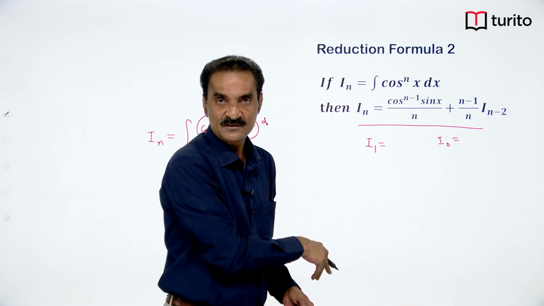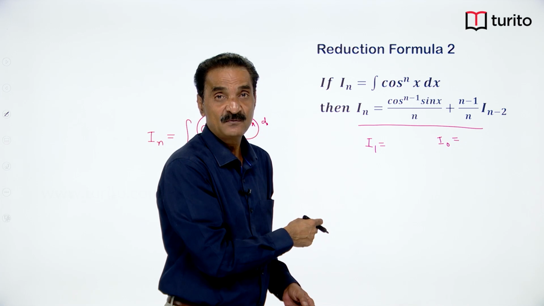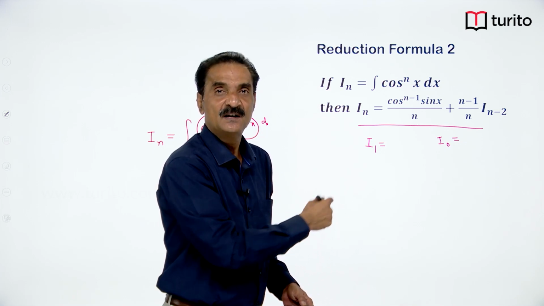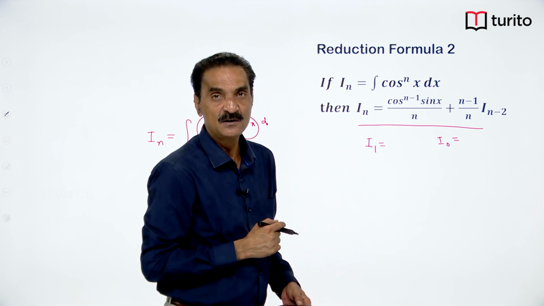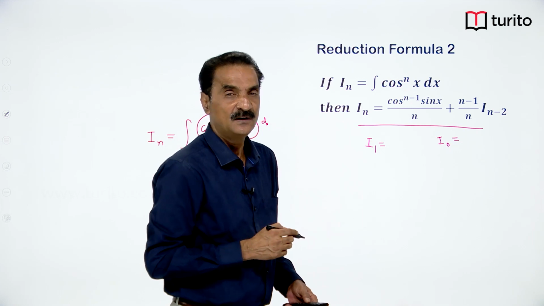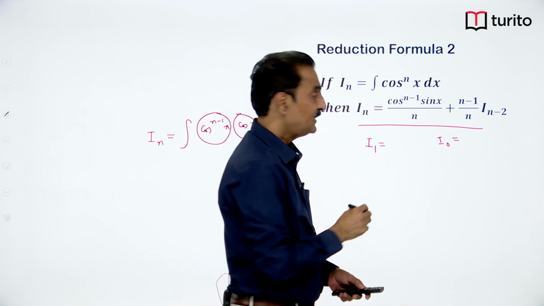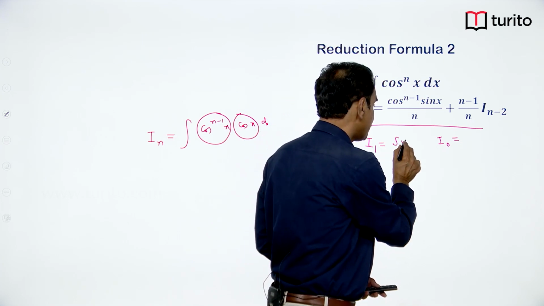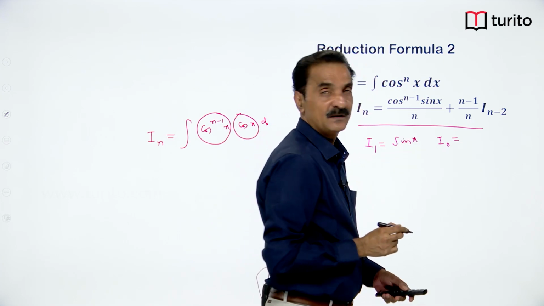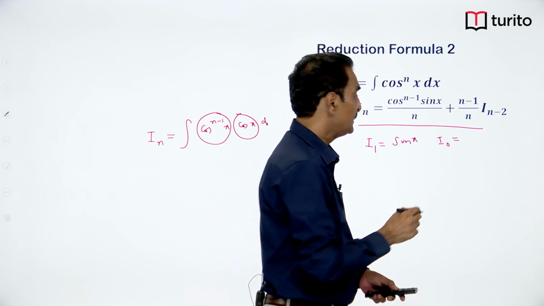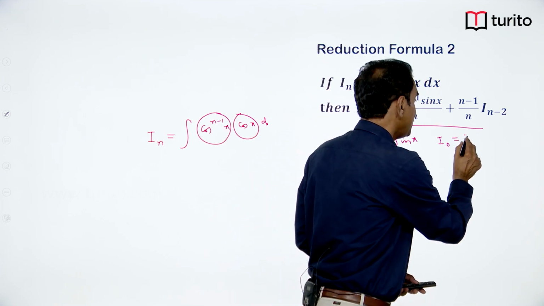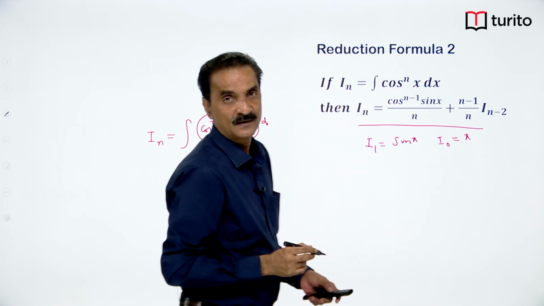We have seen in the last example, n was 6, it is even. So, in the final step you got I naught, and we wrote the value of I naught. Here I1 is integral cos power 1x, it is sin x. If you get I naught, it is integral 1 dx, that is x.